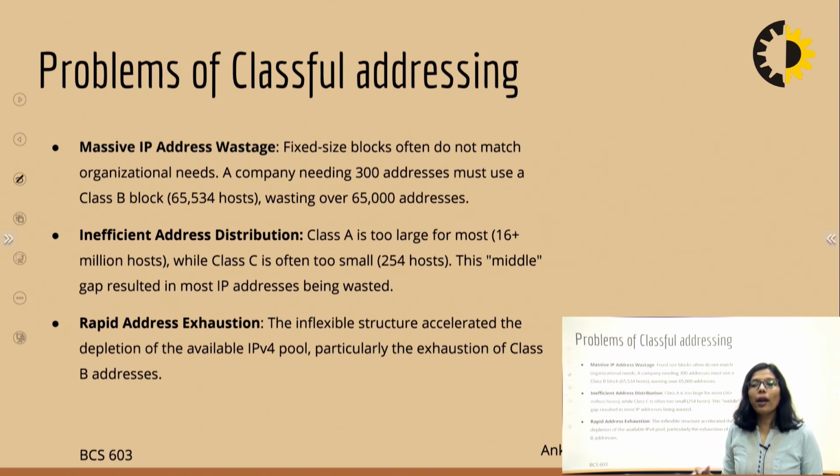If my organization has only 5,000 hosts in the network, I cannot choose class C, which has 254. I have to choose class B, so many addresses are wasted. So you can see we have inefficient address distribution, because in class A I have millions of hosts, whereas in class C I have only 254 hosts. The result of this is rapid address exhaustion.